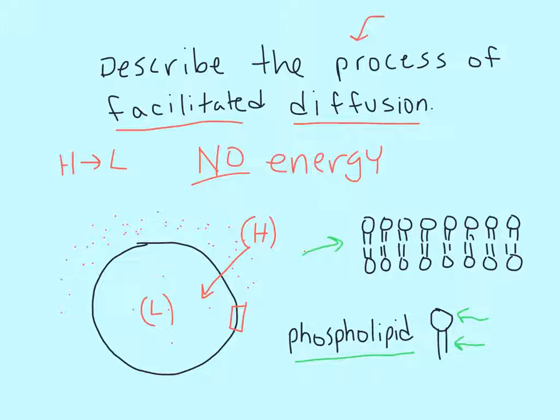They're hydrophobic. They do not like water. So in simple diffusion, it's going from high to low, and it's going directly through the phospholipid bilayer. So this right here would be the phospholipid bilayer. So these are things like oxygen, CO2, fats. They can go directly through the phospholipids.